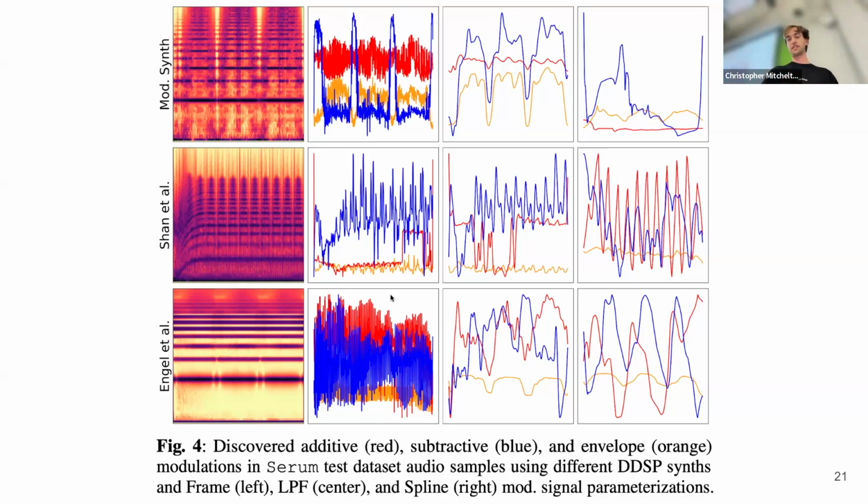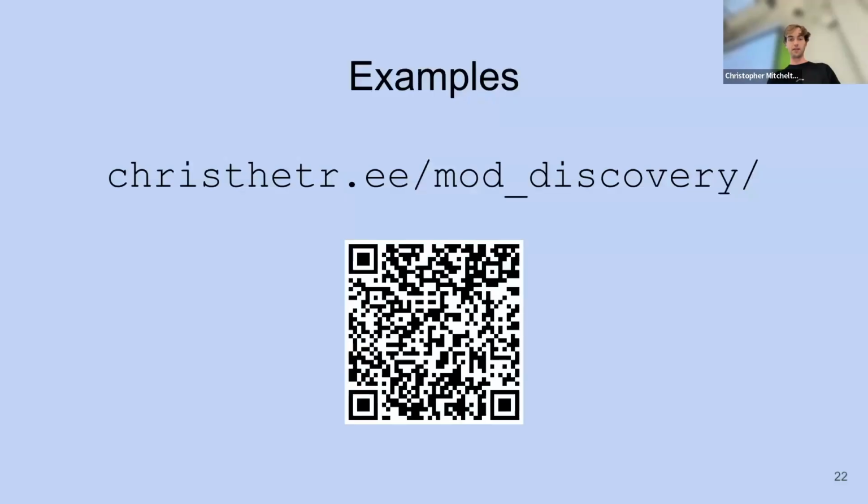And these are the different parameterizations. Frame by frame can obviously be very extreme, but once you rein it in, you can make it more interpretable. You can choose, for example, how many spline segments you're using or what your low-pass filter is. So it's like a dial of interpretability you can choose. If you want to check it out, this is the website, just the tree mod discovery.